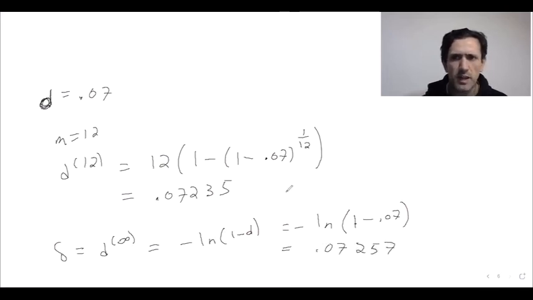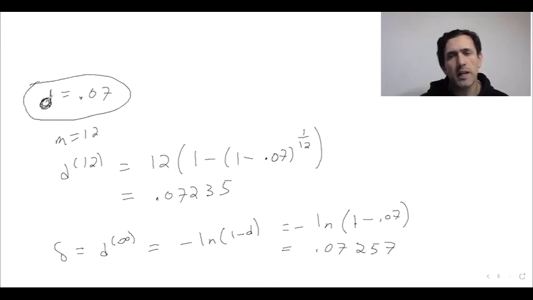So roughly the same answer, again, as it should be. Because it shouldn't matter all that much how often we're compounding nominal interest. If we have the same effective annual discount rate, then we roughly should get the same answer no matter how often we compound discount.